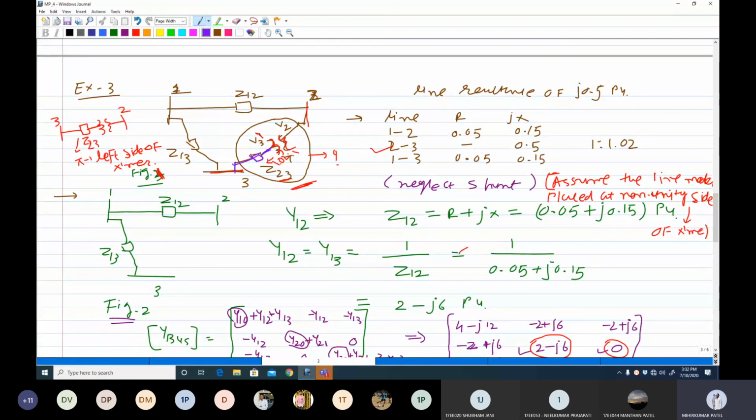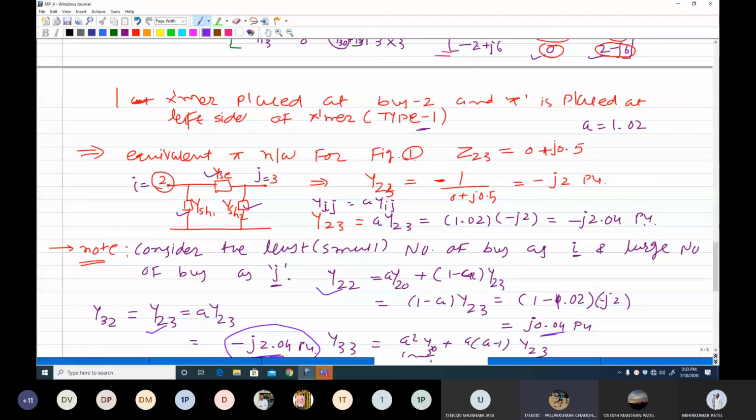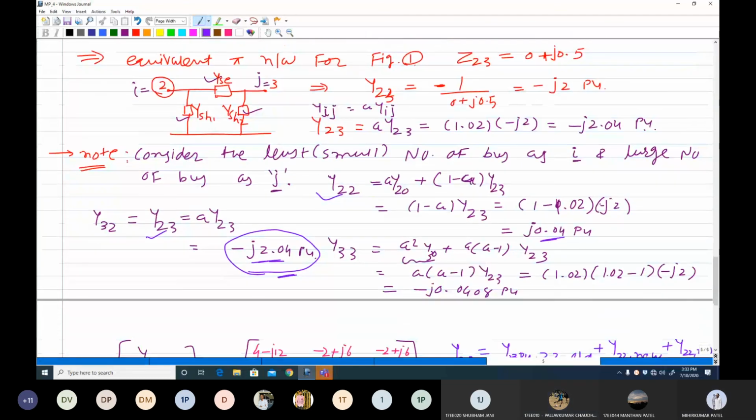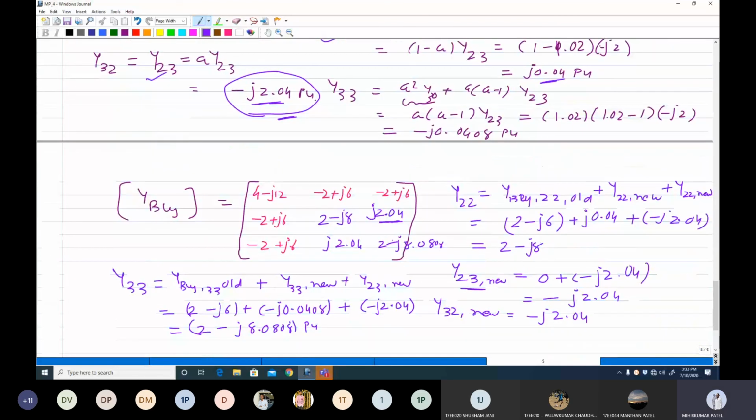If the pi model is placed over here, on the unity side of the transformer, then what is the case? Yes, type 2. What is type 2? The transformer is placed at the jth bus. Okay, you can calculate the same example.